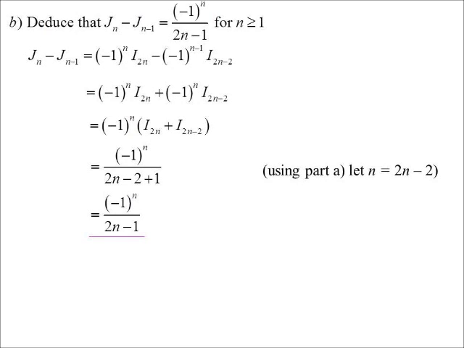Okay, so this will be 1 over, but it won't be 1 over n plus 1. It'll be 1 over 2n minus 2 plus 1. And that's how we get there. So basically we're saying let n, in the first bit that we did, be 2n minus 2, and we end up with our expression. Okay, so when you initially see that question, it looks terrible. But actually, it comes out quite nicely.